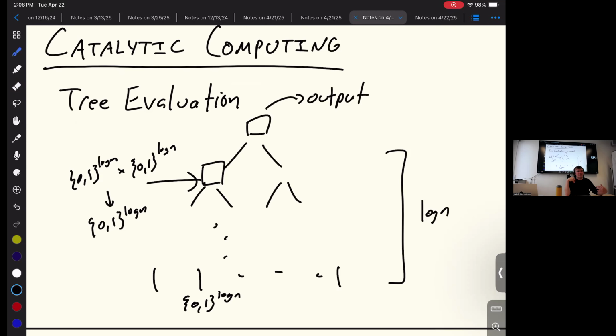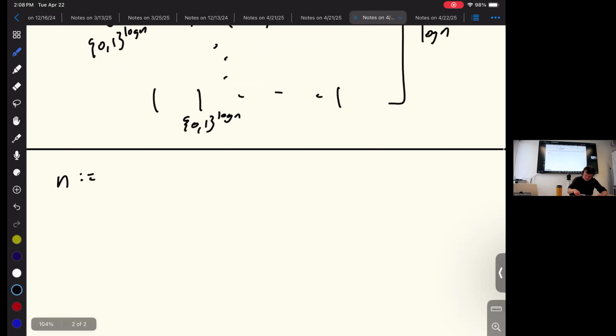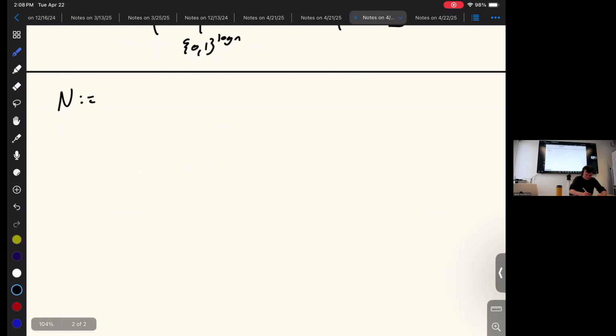Mm-hmm. So this is given as part of the input to the function, which means that the input to tree evaluation, unfortunately, I can't do the infinite whiteboard on this thing. So n, which is the size of the input, is something like, well, the size of the tree is just, oh gosh, I'm using n two ways here. All right, I'll use capital N, whatever.